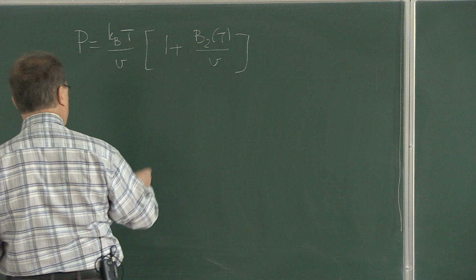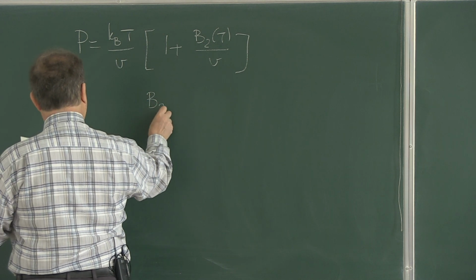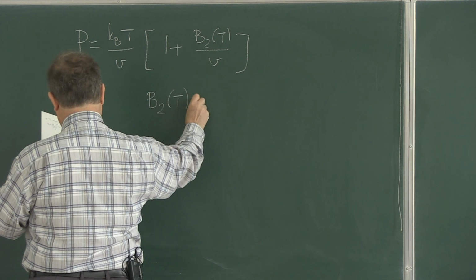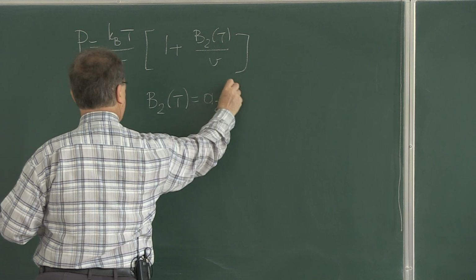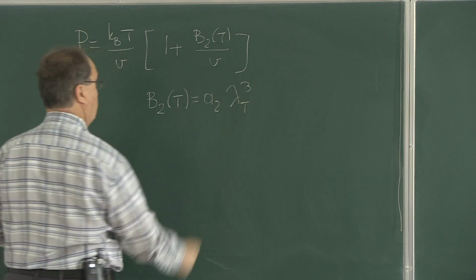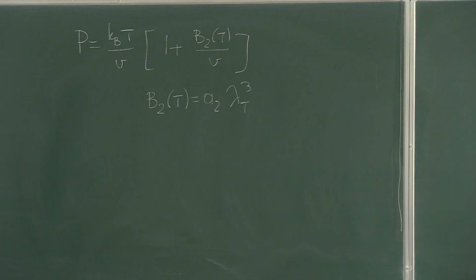Depends on the book you use. B2T is A2 times lambda T cubed. That's the relationship. Sometimes that is called a second virial coefficient.